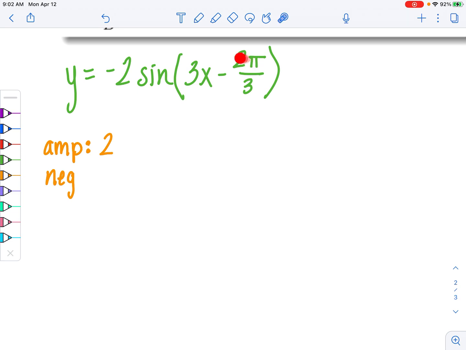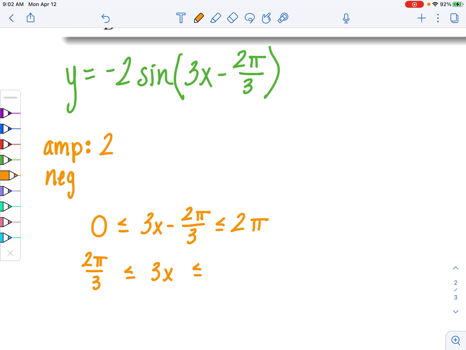I notice I have some information in here. I think to myself, what's the normal period of a sine function? That's 2 pi. So you put your bx minus c in between 0 and the period length of 2 pi and solve for x. That means adding 2 pi over 3 to both sides.